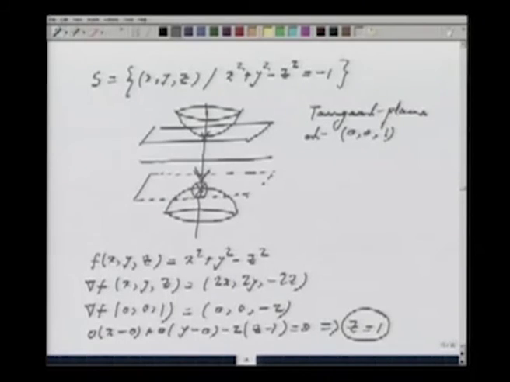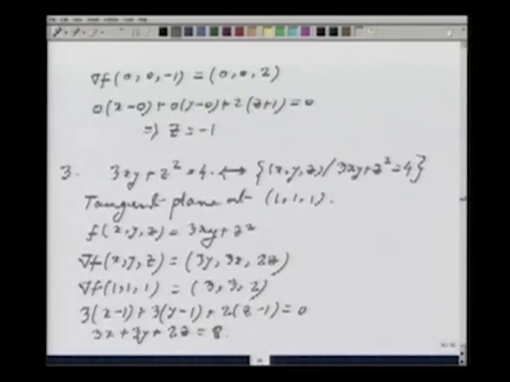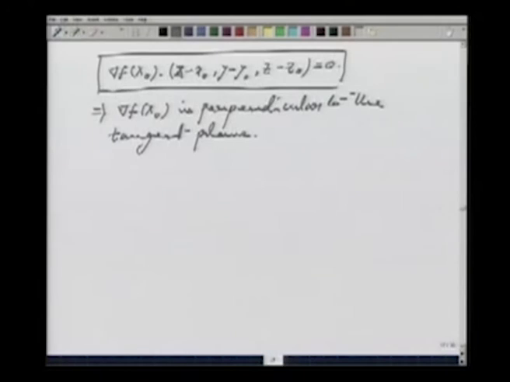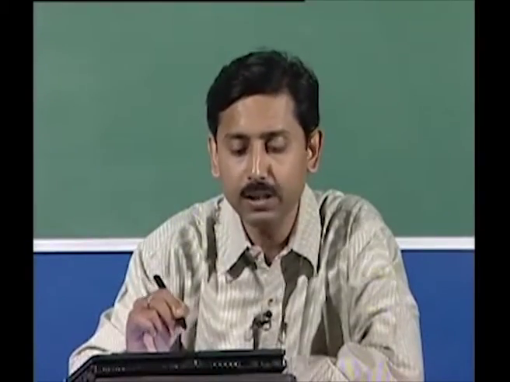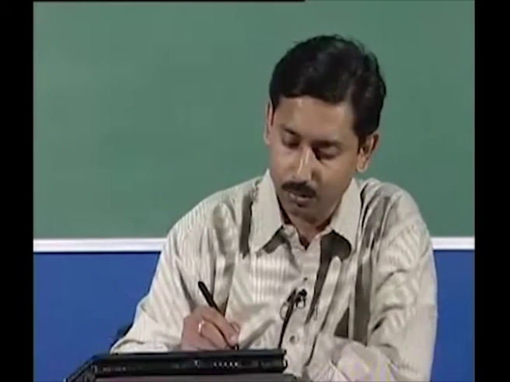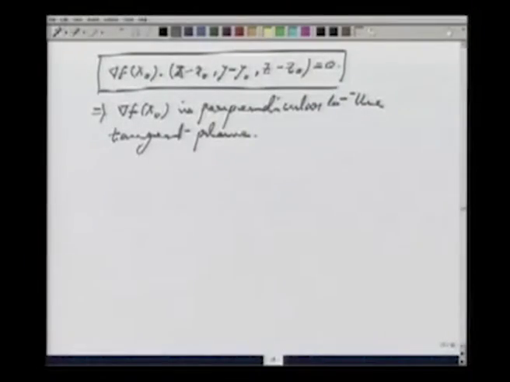So grad f is actually perpendicular to the tangent plane, which is apparent from this equation also, that the dot product of the vector grad f with the vector x minus x naught, y minus y naught, z minus z naught is 0. So it is perpendicular to the tangent plane. That's why grad f at the point x naught is called the normal to the tangent plane at x naught.